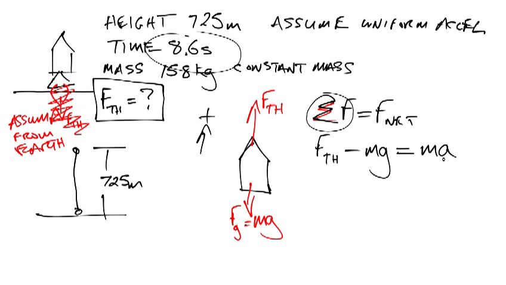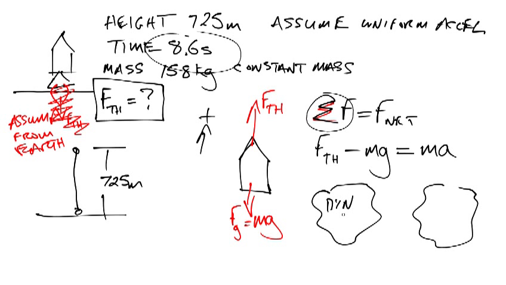Well, we can't really solve for a yet. But here's the thing: there is a world over here, and there is a world over here. This is dynamics, and this is kinematics. They are connected by a bridge, and that bridge is acceleration.